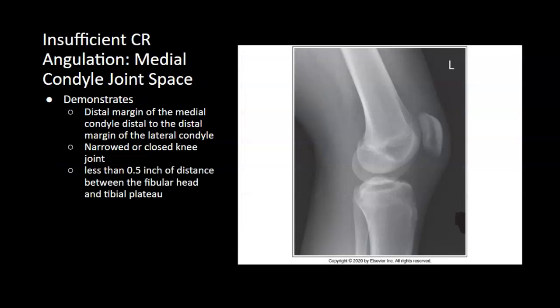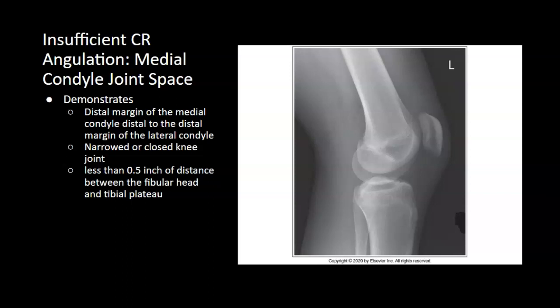We know for a lateral knee projection, we must angle cephalically 5 to 7 degrees to superimpose those distal margins of the condyles. But when no angle is used, the resulting projection demonstrates the distal margin of the medial condyle distal to the distal margin of the lateral condyle, AKA they're not superimposed.